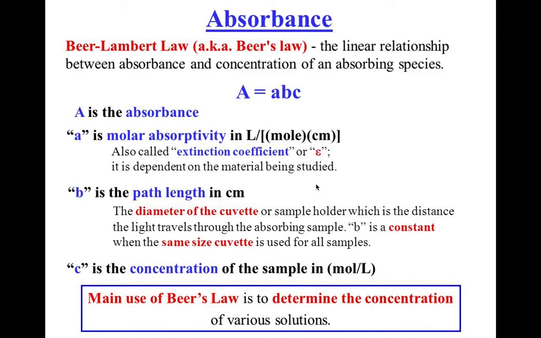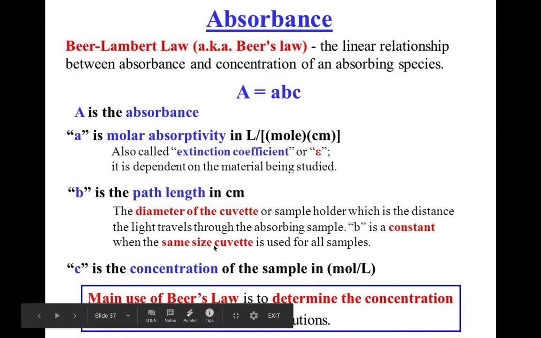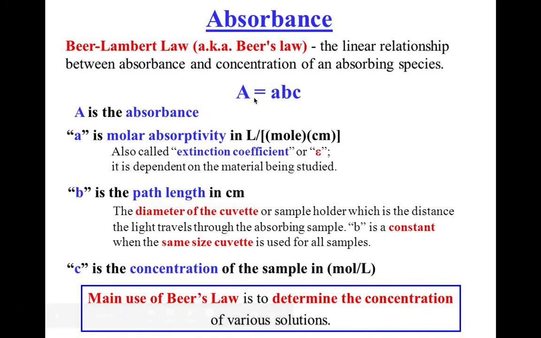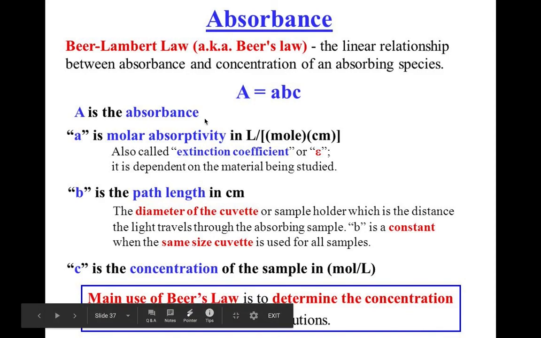Now, dump those out, put water with blue food coloring in both, fill them to the same level, and then add a bunch more food coloring to the second. That one's going to look darker. It has a higher concentration. So you might get questions on there asking about these factors that change the absorbance.